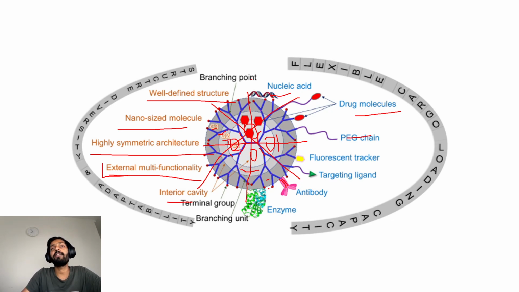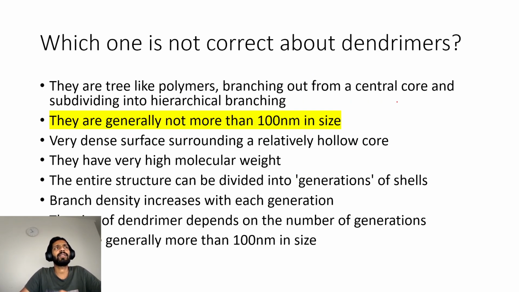You would want a very large surface area because you're most probably not encapsulating your drug, you're attaching your drug at the periphery. So if you want to do that, you would want to have as much drug as possible, right? So generally they are constructed to be greater than 100 nanometers, so saying they are generally not more than 100 nanometers in size is a false statement about dendrimers.